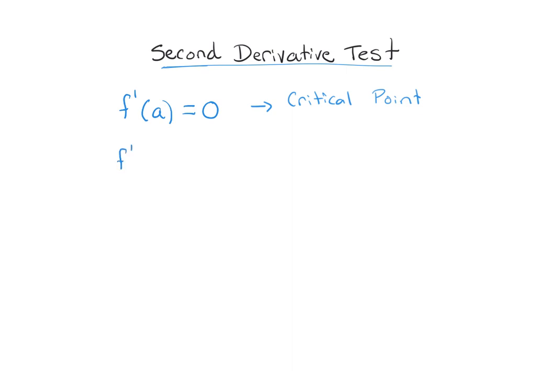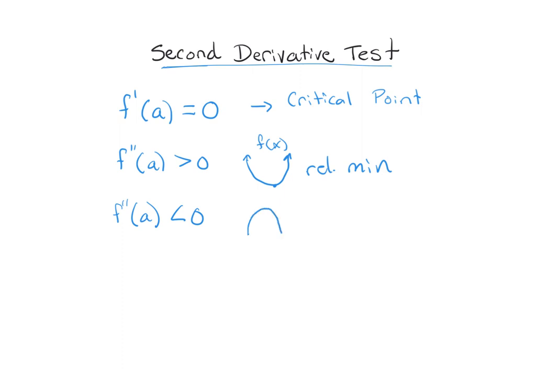If the second derivative at that same point is greater than 0, then f of x is concave up, and if it's concave up, then there is a relative min. And if the second derivative at that point is less than 0, f of x will be concave down, meaning there'll be a relative max. So it's that idea of critical points and then concavity to find our extrema.